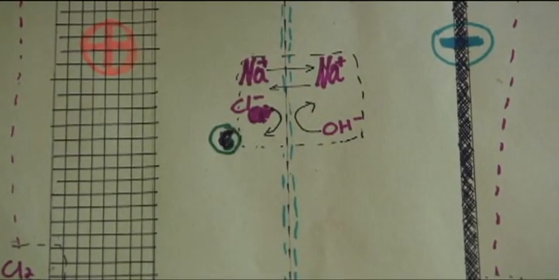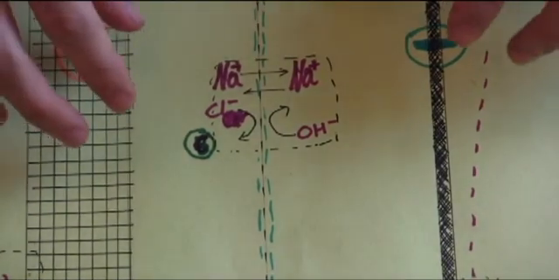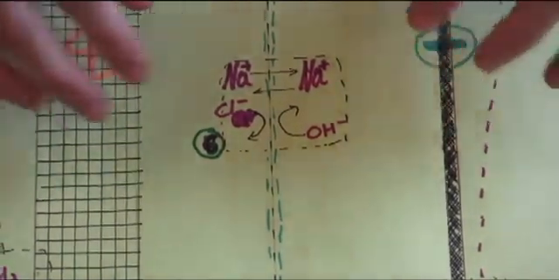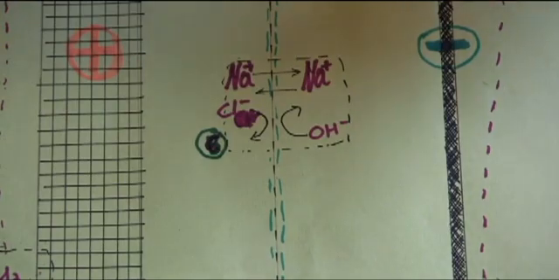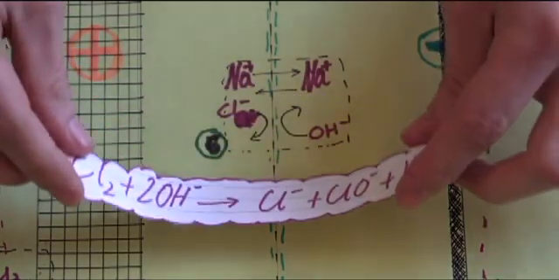So it is important to have a non-permeable membrane here, because if we didn't, the chlorine and the hydroxide ions would mix together and form chlorate ions or hypochlorite ions. And this depends on the temperature. If the temperature is under 60 degrees, we would get chlorate ions being formed.